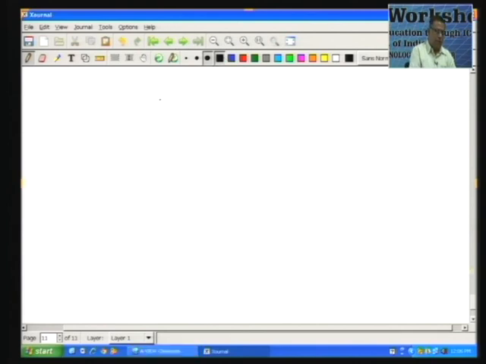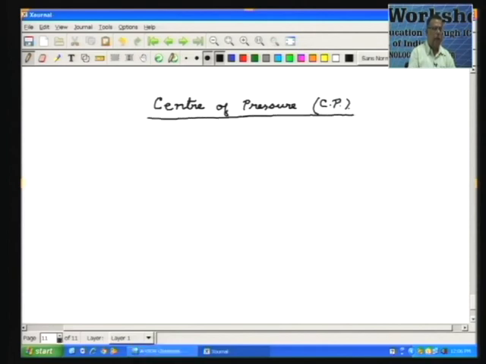Now, we want to find what is called the center of pressure, which we will abbreviate as C.P. So, this is the point of application of the resultant force.